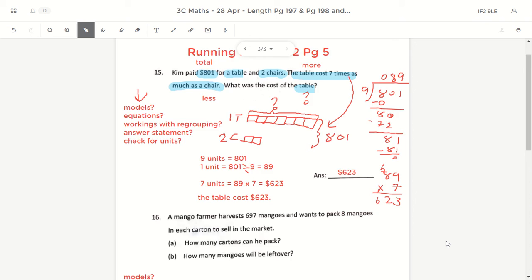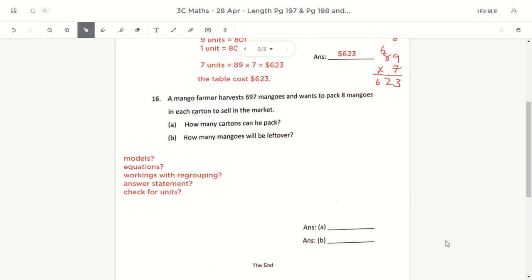Okay, so the next one is also quite simple. You don't really have to draw a model for this, but if you want to draw a model, it's the same thing. I have this amount of mangoes, this is my total, and I want to pack 8 in one carton.